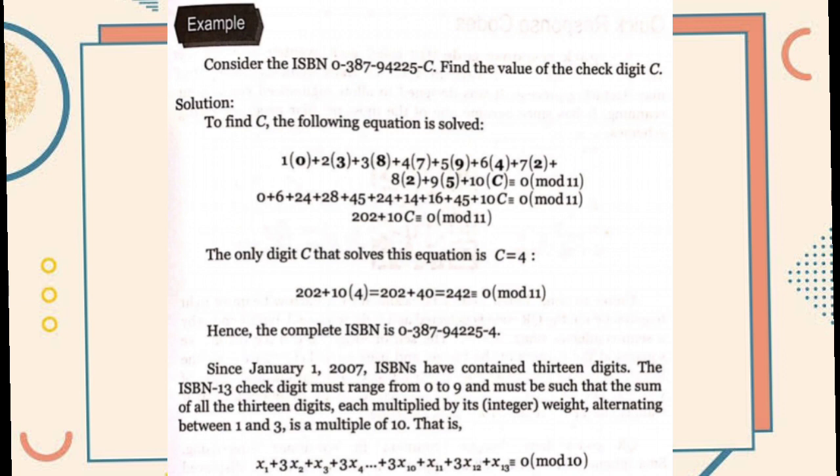Since January 1, 2007, ISBNs have contained 13 digits. The ISBN-13 check digit must range from 0 to 9 and must be such that the sum of all the 13 digits, each multiplied by its weight, alternating between 1 and 3, is a multiple of 10, that is x sub 1 plus 3 x sub 2 plus x sub 3 plus 3 x sub 4, and so on, which is congruent to 0 modulo 10.